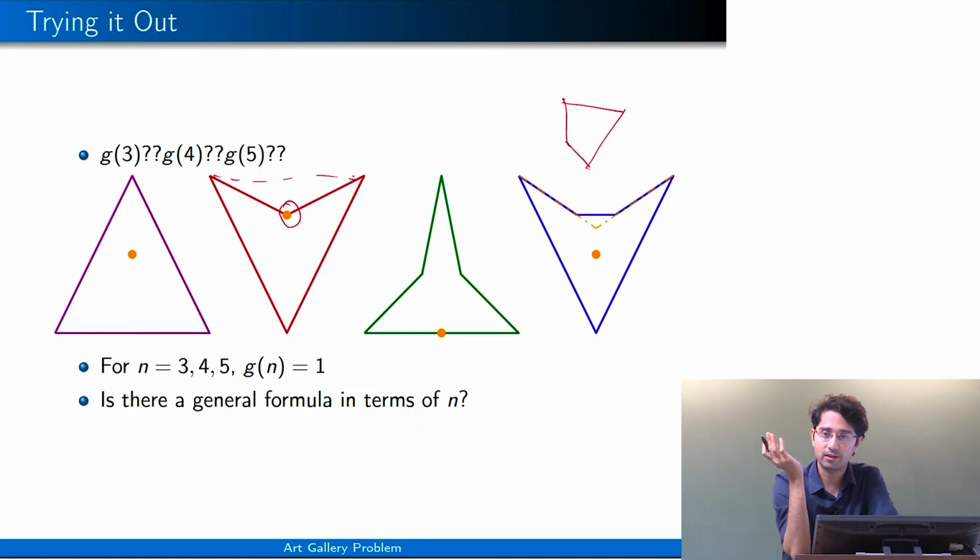In both of these cases we can guard the polygon with 1 vertex. But G5, if it is convex, 1. The 2 other cases are shown in the figure. Think about this, why 1 is always sufficient for any polygon with 5 vertices. You can always guard any simple polygon of 5 vertices with 1 guard.